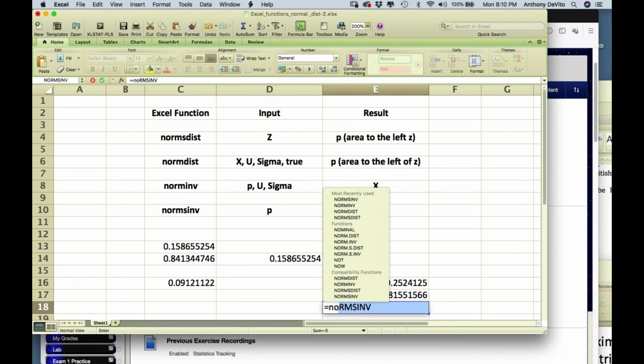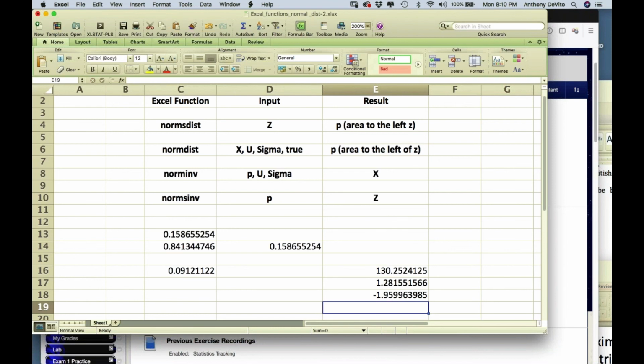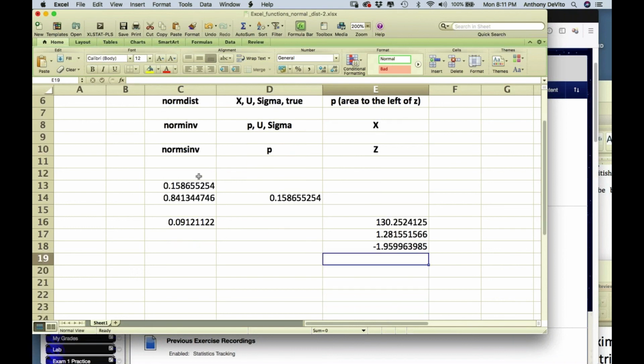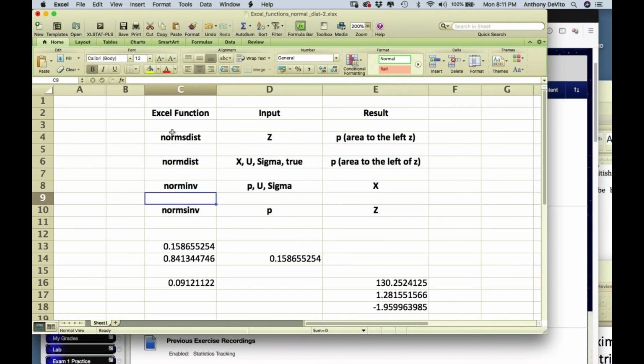If I had said equals NORM.S.INV, parentheses, and I was looking for the bottom 2.5%, it was going to be 0.025. That's going to represent roughly a z-score of negative 1.96, or in other words, about -2, right? Two standard deviations below the mean represents about 2.5% of the distribution. So that's how we got that. Okay, so that gives you four tools that you could use in Excel instead of tracking down a table to do these calculations.